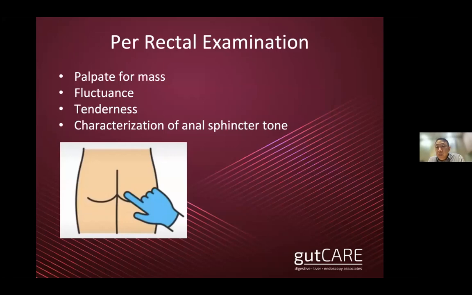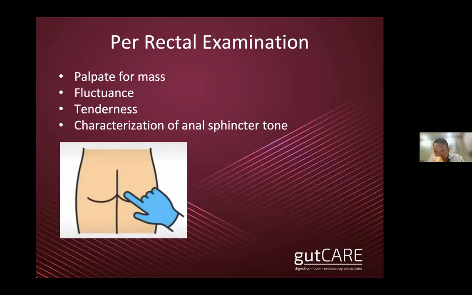Of course, if the patient says it's extremely tender, you may not want to stick a finger in. Just look, maybe if you just look carefully, there may well be a fissure. You put a finger into an anus when there's a fissure, the patient's not going to like you. It's very, very painful, right? And it's also good that while you are at it, characterize the anal sphincter tone.